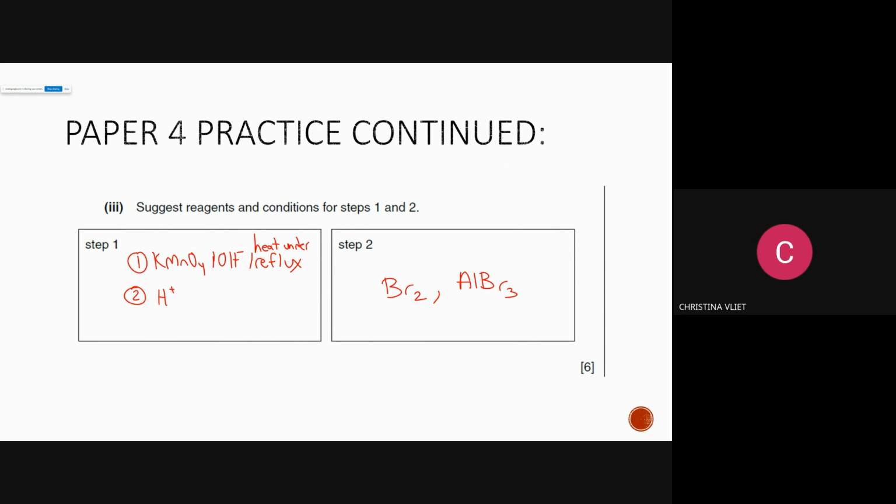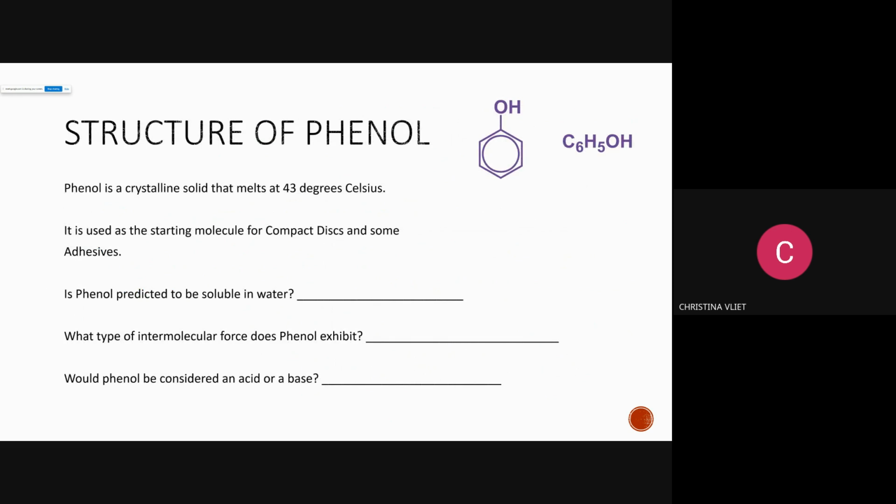Okay, so let's get to it. Structure of phenol. Is phenol soluble in water? What do you think? It's got OH, but it actually turns out that it's got a lot of carbons for the amount of OH.